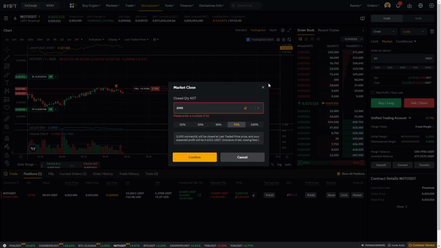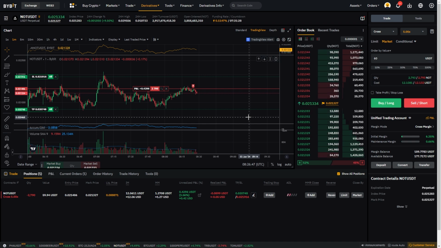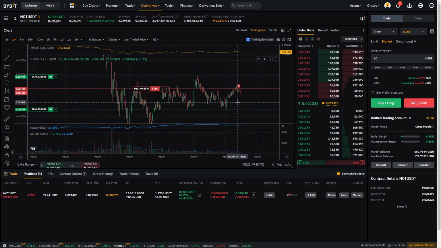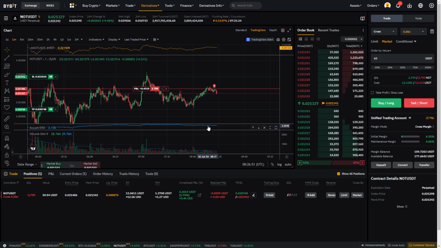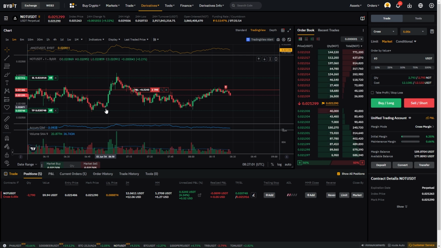But if we suddenly need to urgently close the deal, we better choose, of course, market. And we choose 100% and click close. In addition to being able to close 100%, we can also close partially. Let's say we close 50% or 75%, and we will close only some part of our amount.